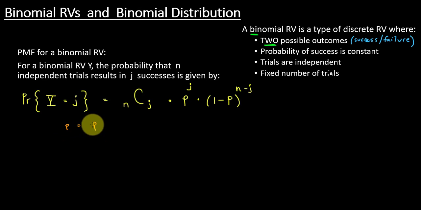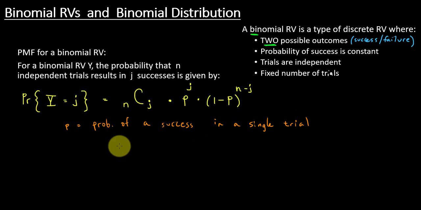Regular p is the probability of a success, but that would be in a single trial. In a single trial. It's not the same when we're considering multiple trials, but we will get to that. Since there's only two outcomes, we know that 1 minus p is the complement to the success probability, so that would be the probability of a failure, also in a single trial.